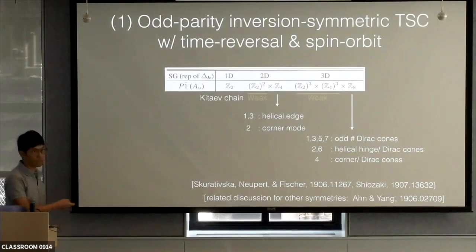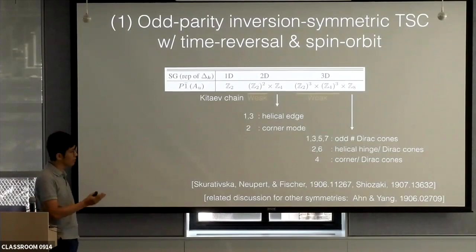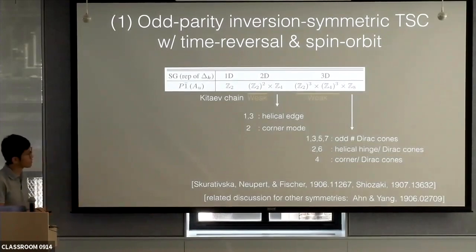If you work out this exercise, as has been done by earlier works, you'll see that in one dimension you get a C2 object, and this C2 is nothing but a Kitaev chain. The trivial state would be the atomic insulator, and the nontrivial one would indicate the Kitaev chain, although that also has a real-space commuting-parity-operator description. So that's the power of this symmetry indicator, this refined notion of trivial states.